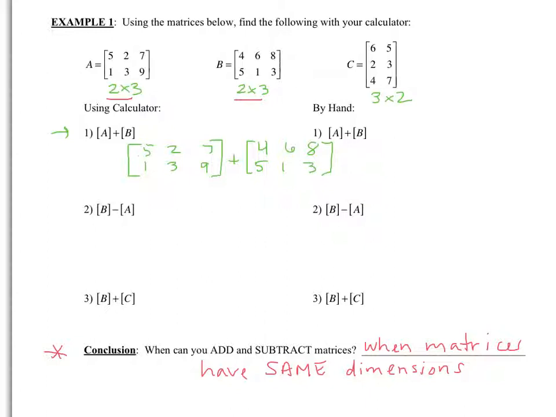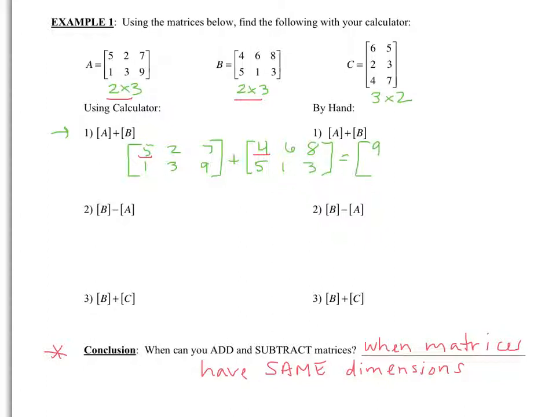So this element here in matrix A, 5, is in the same position as 4 is. So we add those together. So that row 1, column 1 gets added to that value that's in row 1, column 1 of the second matrix. So we're going to get 5 plus 4, we get 9.